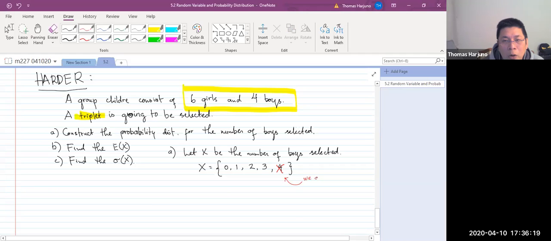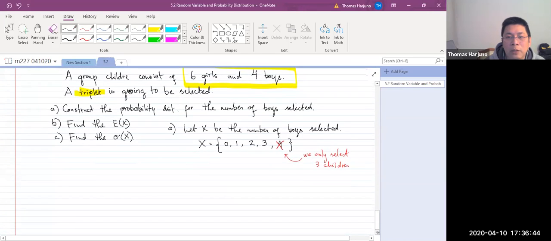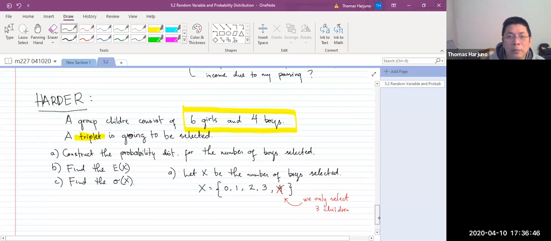We only select 3 children from these 10. Of course, it is impossible for us to have 4 boys when you only select 3 of them. Now then, before I put them into a probability distribution, let's first compute the probability for each possible outcome.